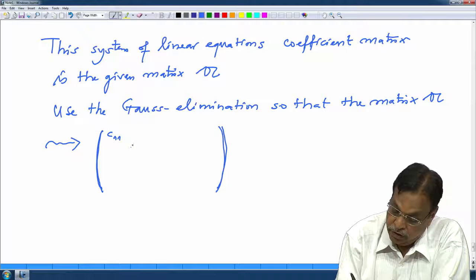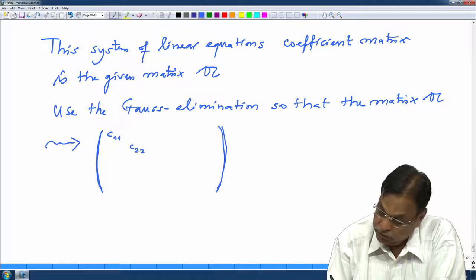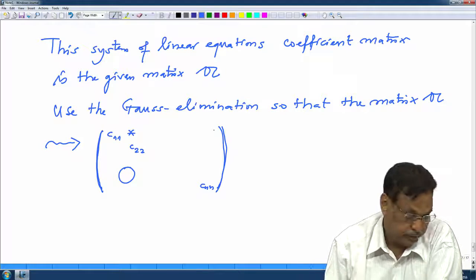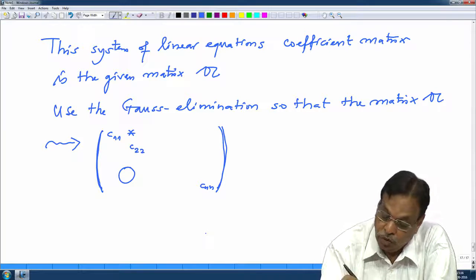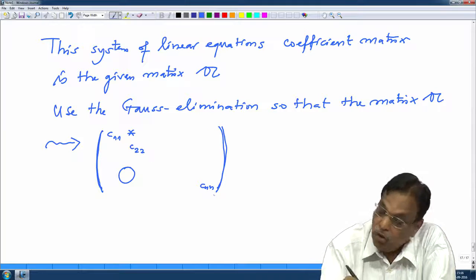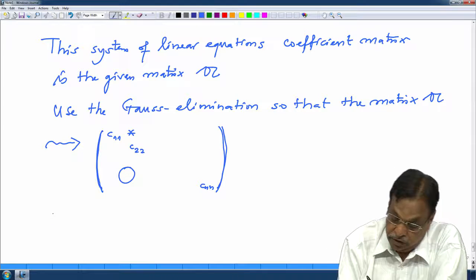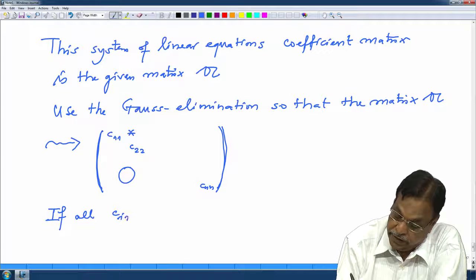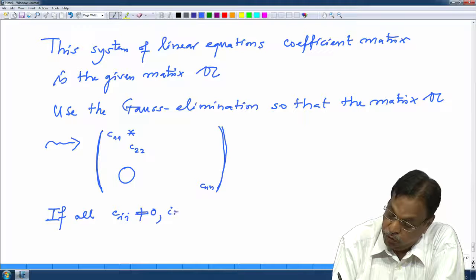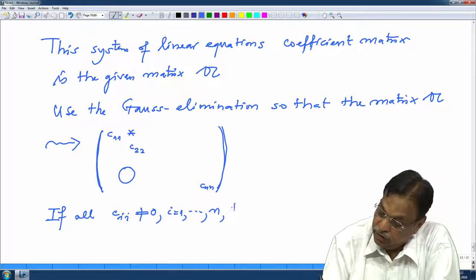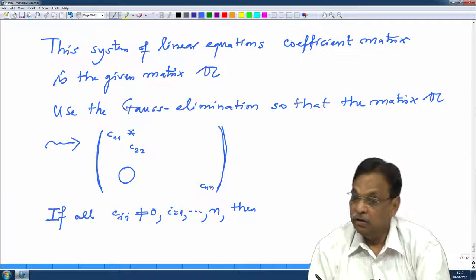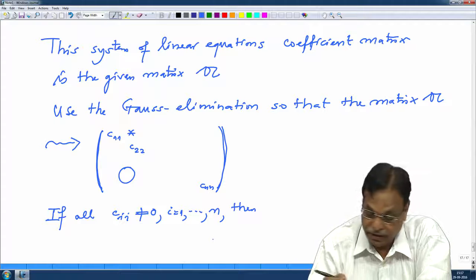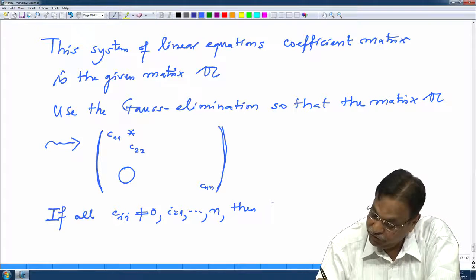Diagonal c_11, c_22, up to c_nn, it is a square matrix. Below that 0, above that something. Now, it is clear, if all the c_ii are non-zero for i equal to 1 to n, then there is a solution. The Gauss elimination says so. And then A is invertible.